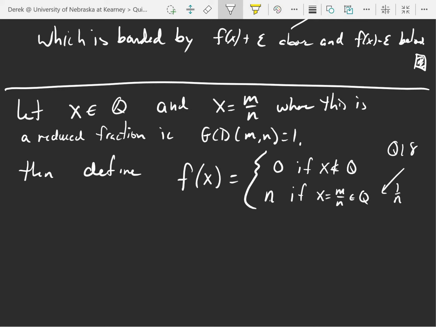If you make it 1 over n, this function's continuous almost everywhere. Right? Everything goes to 0 as you get close to irrational numbers. To get closer and closer to that irrational number, you had to make your denominators bigger and bigger. So that would make it continuous at the irrationals and discontinuous with jump discontinuities at the rationals.